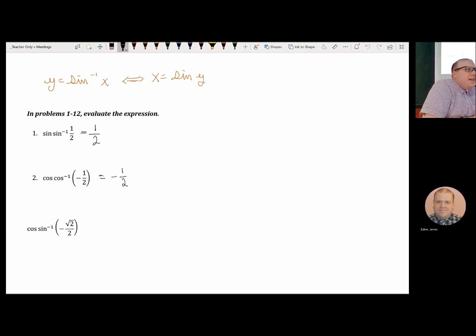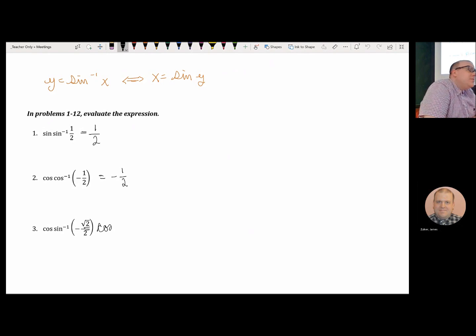Cosine of the inverse sine of negative root 2 over 2. Well, in this case, what we want to do is evaluate inverse sine of negative root 2 over 2 first. From minus pi over 2 to pi over 2, sine of what angle is negative root 2 over 2? Is that in radians or degrees?